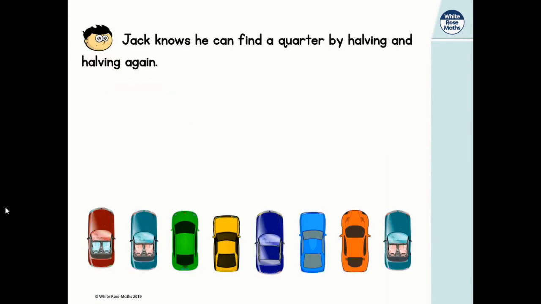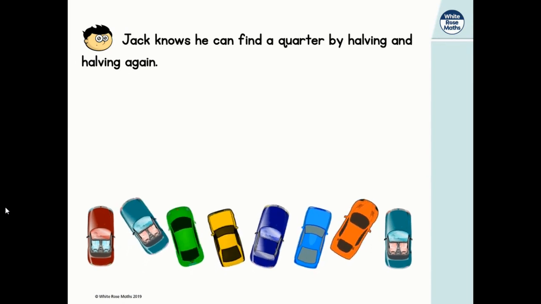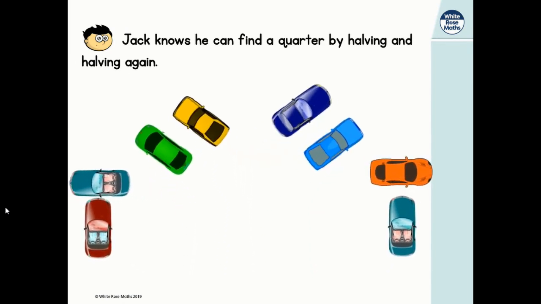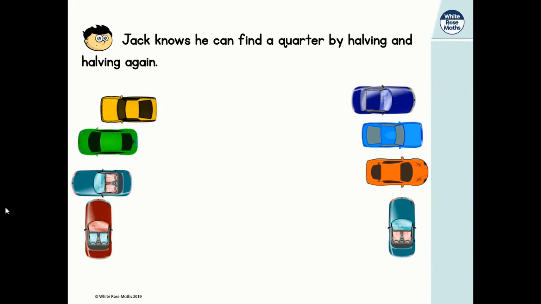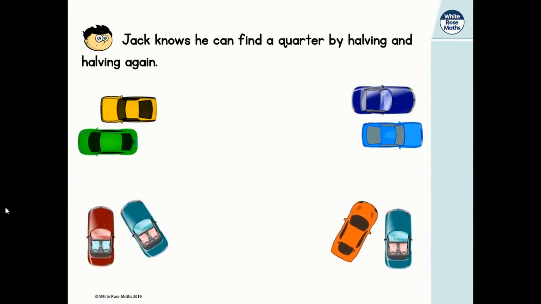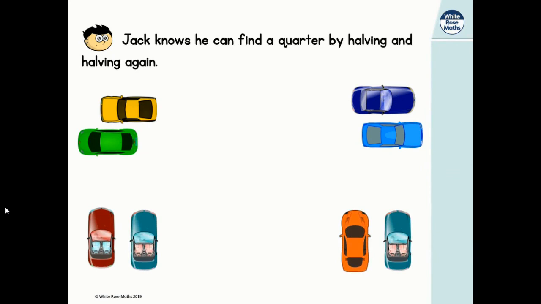Jack knows he can find 1/4 by halving and halving again. So he gets some cars and he drives half of them to the left-hand side and half of them to the right-hand side. He then takes each group and halves it again. He has halved and halved again.